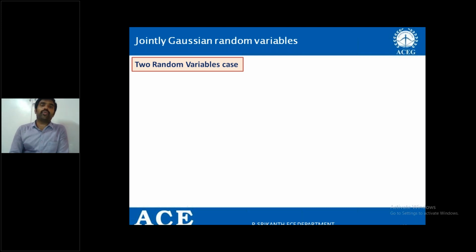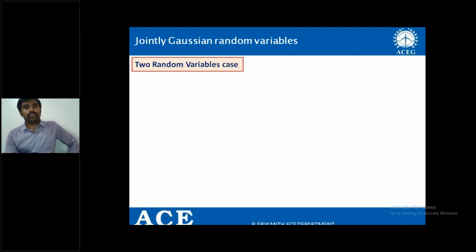Therefore, here we are going to discuss jointly Gaussian random variables. In fact, we discussed several random variables in the very first chapter for the single random variable case, but here we are taking only the jointly Gaussian case for multiple random variables, right?